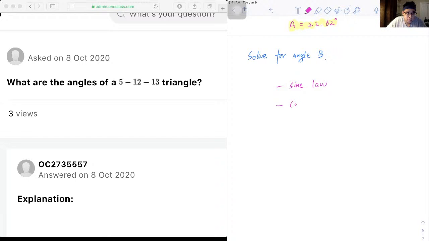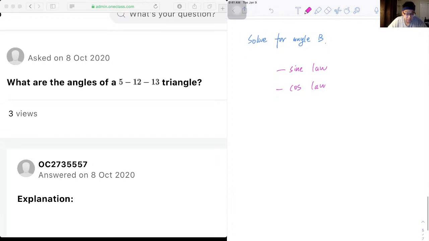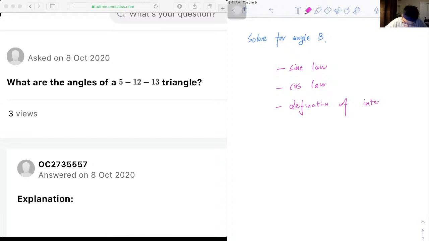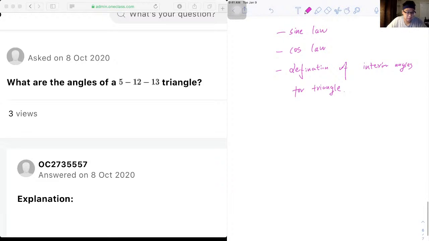Or you can do it the cosine law way, which we used for solving for angle C. Or you can just use the definition of the sum of interior angles for a triangle. Okay, and I found that the third way is the easiest. So let's use this one.